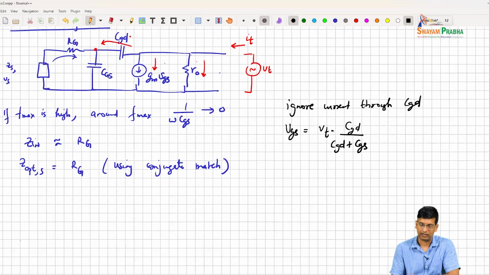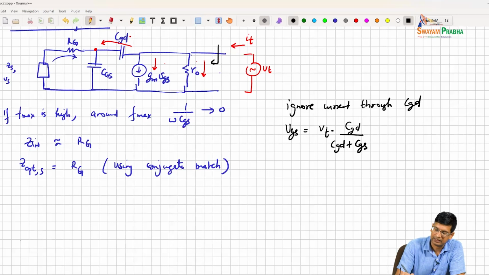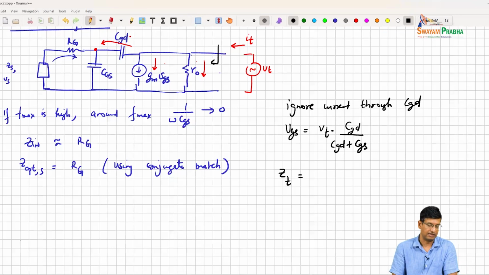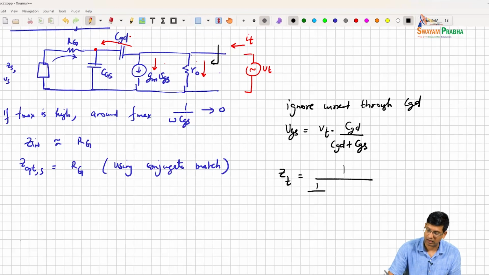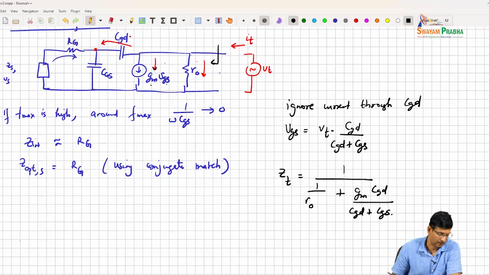Then you can basically show that the impedance that you see inside, which is the output impedance, is going to be 1 over RO, and then you have this current, which is GM times VGS. So that is GM times CGD divided by CGD plus CGS, right?